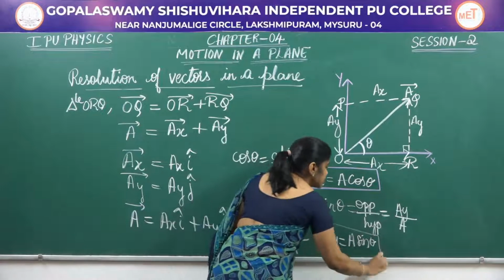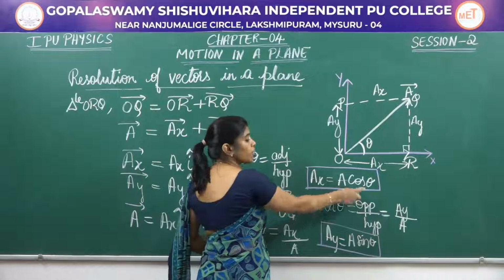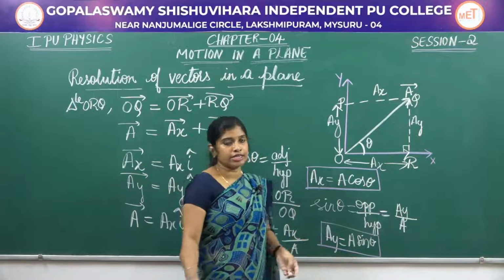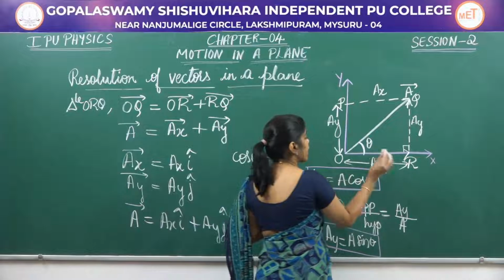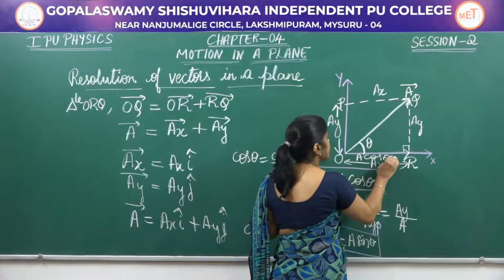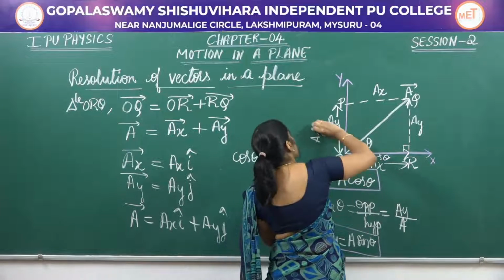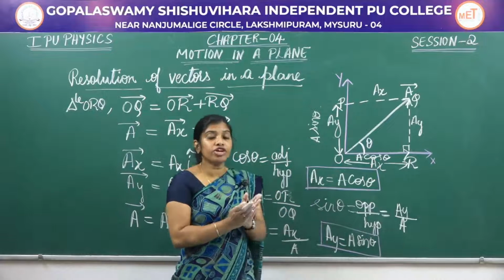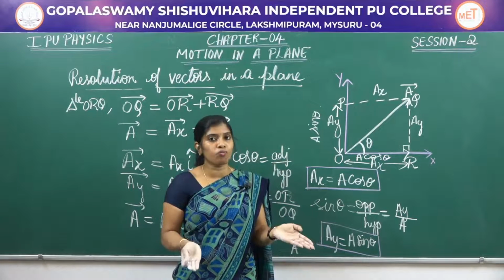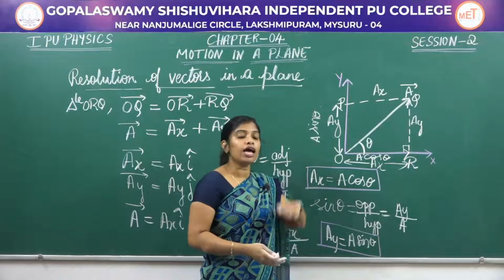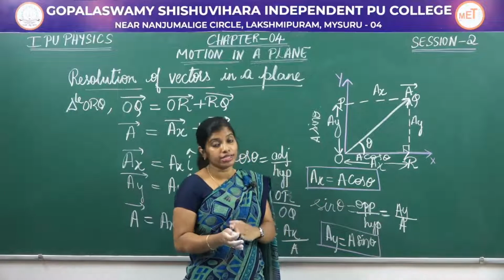So, the components AX will be equal to A cos theta and AY is equal to A sin theta. Whenever you resolve a vector into two components, you are going to take one component as A cos theta and the other component as A sin theta.